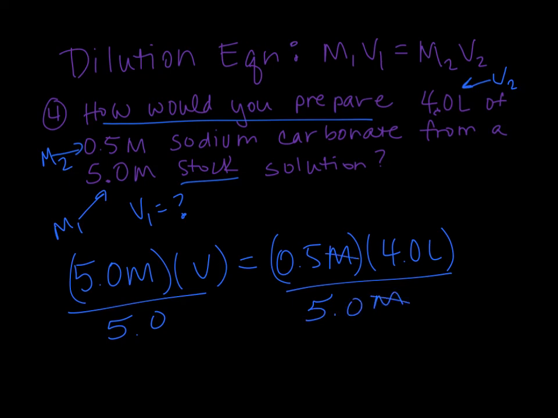Molarity cancels out. So 0.5 times 4 is 2, divided by 5 is, what is that, 0.4, I think? Yeah. I'm just going to move decimals around. I can see that. Okay, so V2 is that.